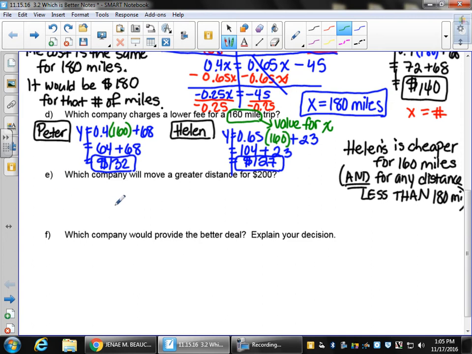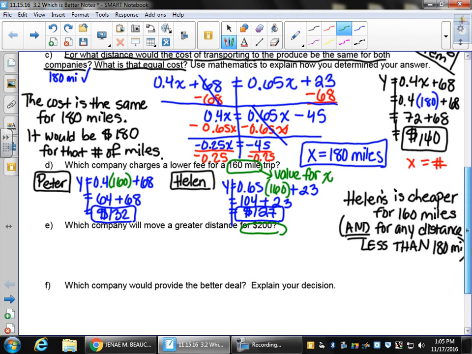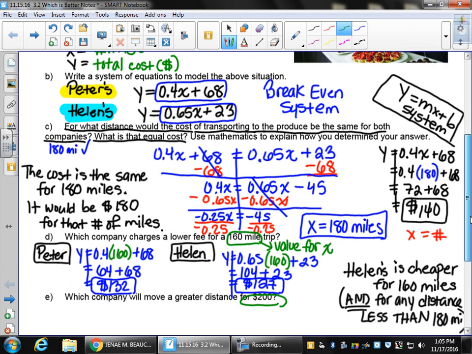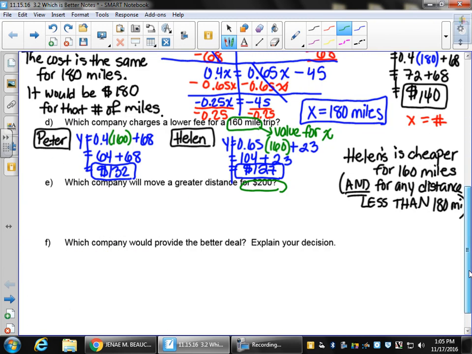Let's look at part E. Which company will move a greater distance for $200? Same question. Is this a value for X or for Y? Let's see. Y is defined as money. This is money. Value for Y. So one at a time, we will use our equations to figure this out.